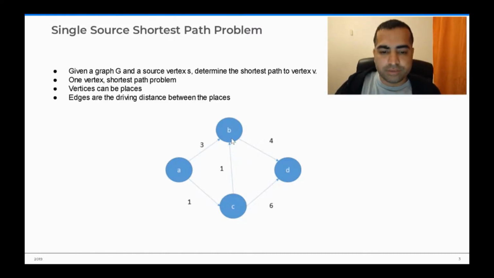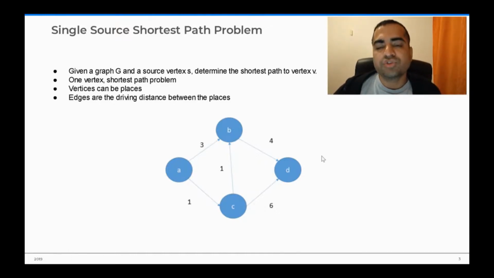Either we go to point B first and then to D, which results in 7 as a distance, or we go from A to C and C to D, which also results in 7 as a cost, or we go from A to C, C to B, and then B to D, which is 6 in terms of total cost, and that actually is the shortest path.